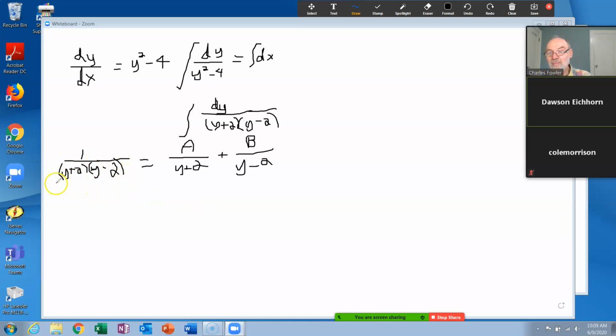So I'm going to multiply every term on both sides of the equation by that common denominator. And rather than write it out, I'm going to represent it as this times this. You fill in the y plus 2 times the y minus 2. I'll write it here as y plus 2 times y minus 2.